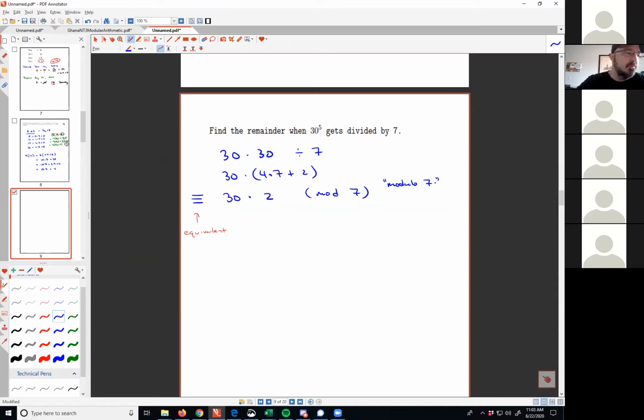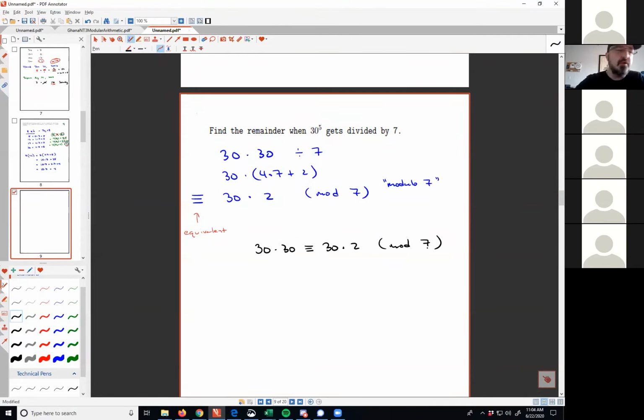So here's how we write that. We say that the remainder when 30 is multiplied by 30 is the same as the remainder when 30 is multiplied by 2 when we are dividing by 7. So that's how we write that. So we can replace 30 with 2.